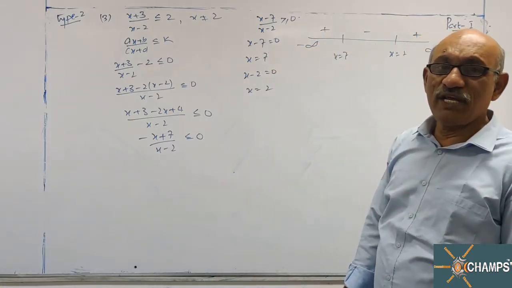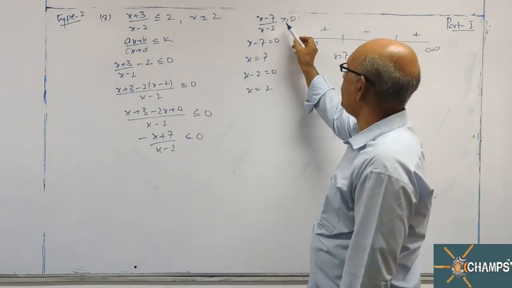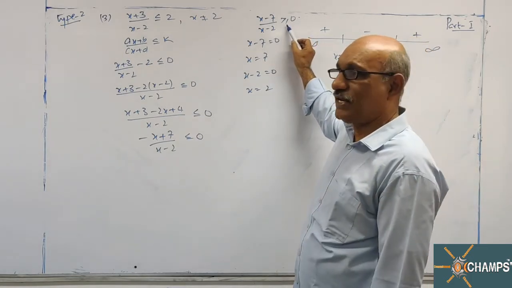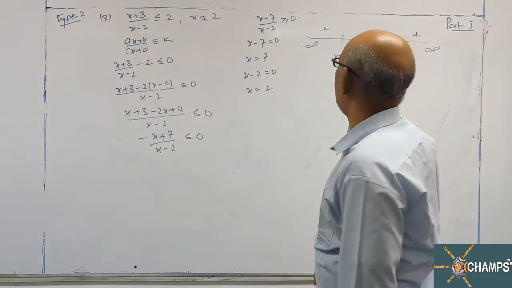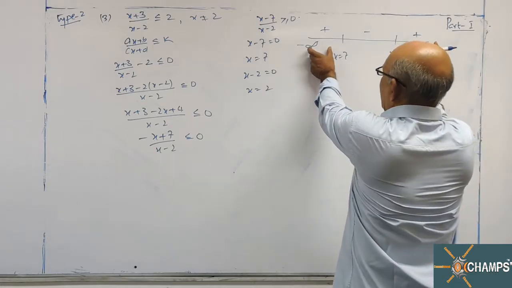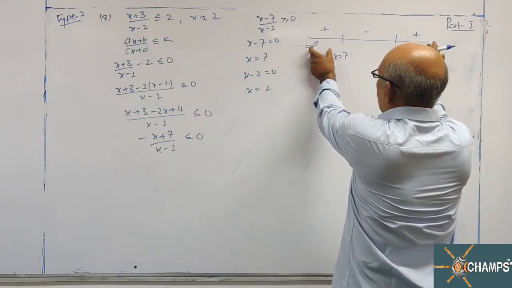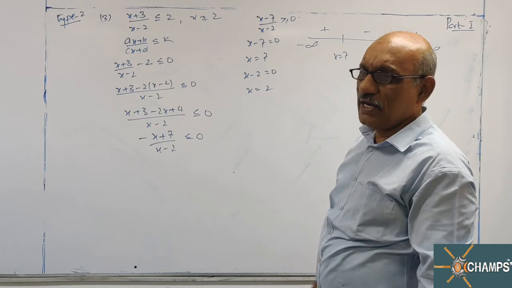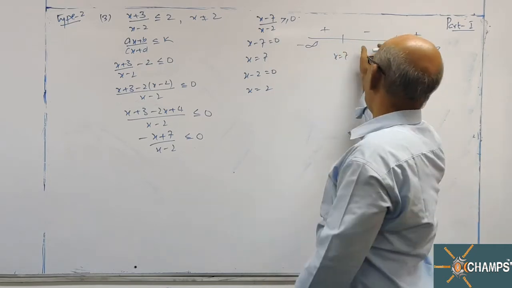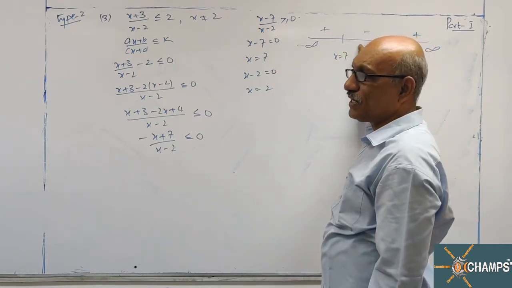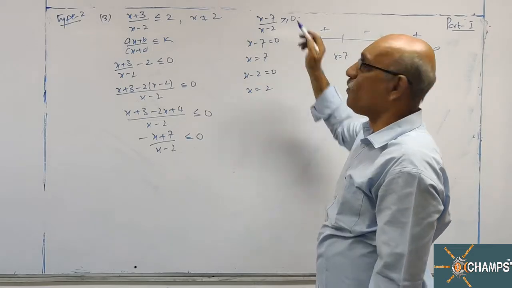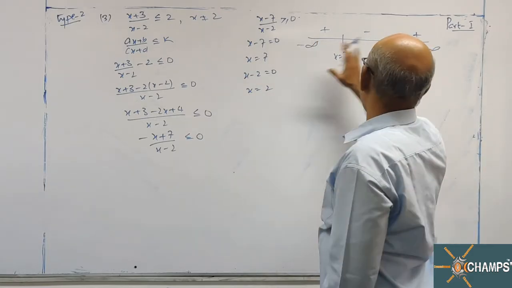After writing this, which area should be taken? When your inequality is greater than sign, plus area is the solution set to the given problem. If your inequality is having less than sign, minus area will be the solution to the given question. Here inequality is greater than, therefore plus area.